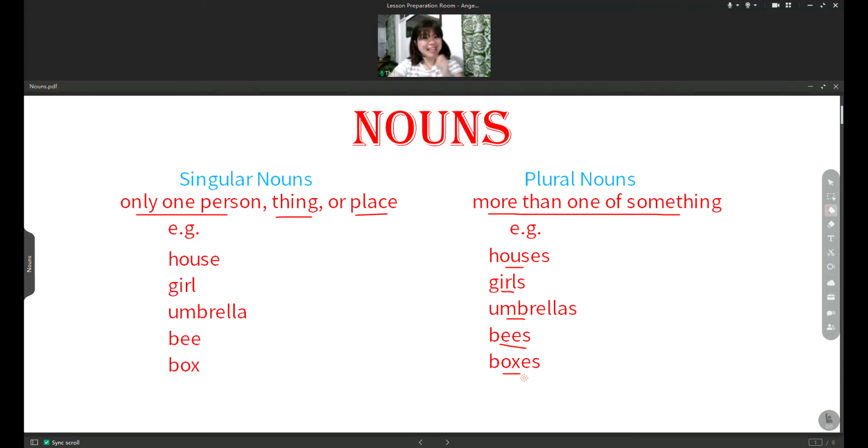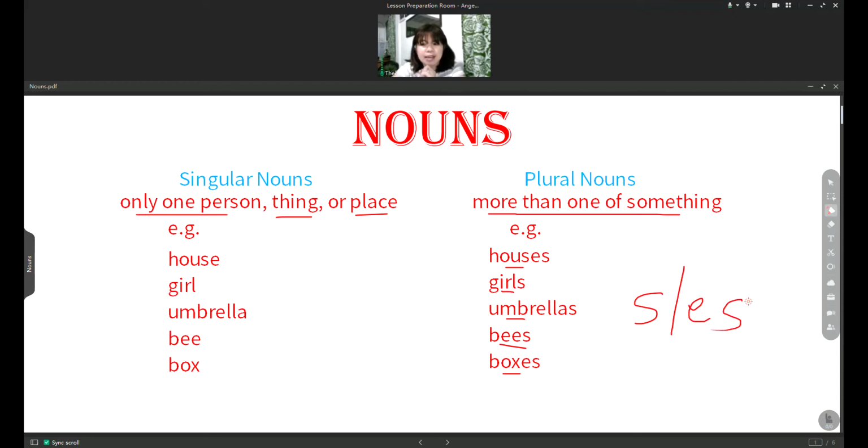Okay, now, easy, right? Now let's check the difference between the two. Since singular nouns are only one, we don't add s or es after the word. While for plural nouns, most singular nouns become plural by adding s or es.